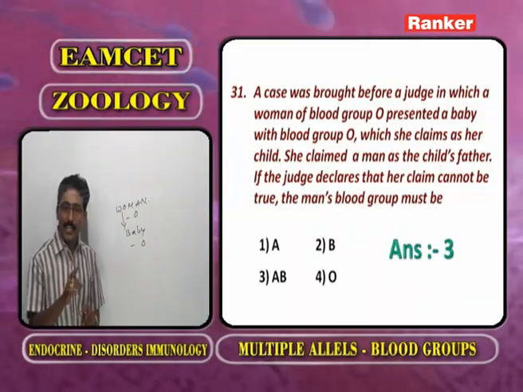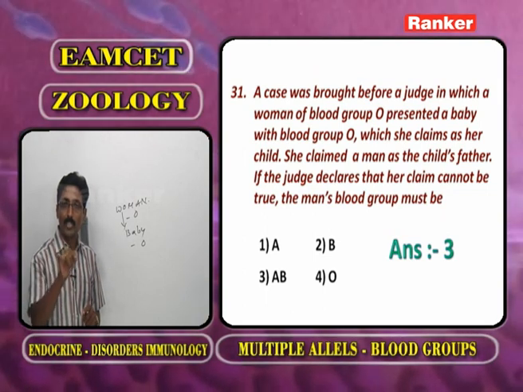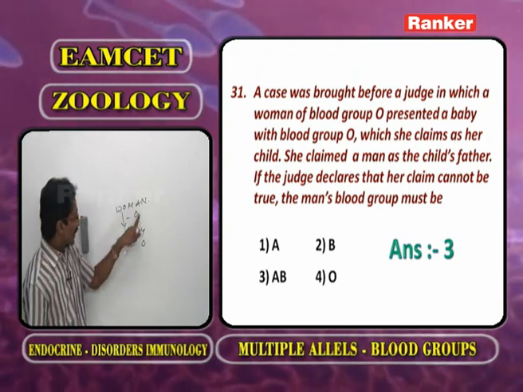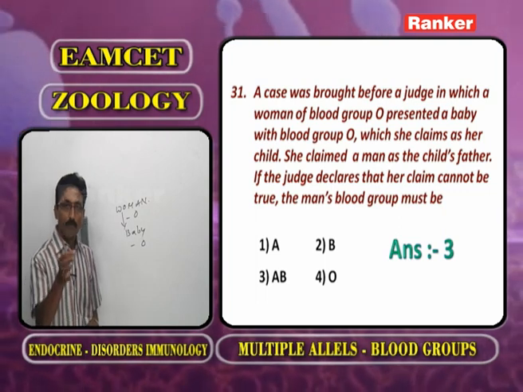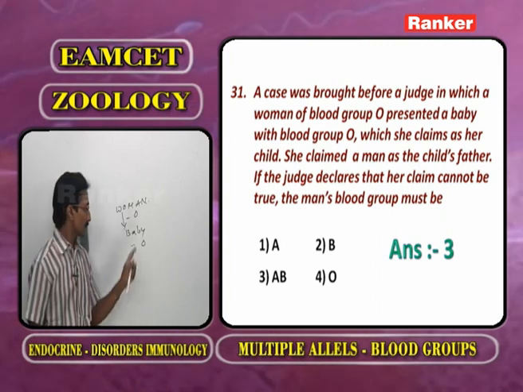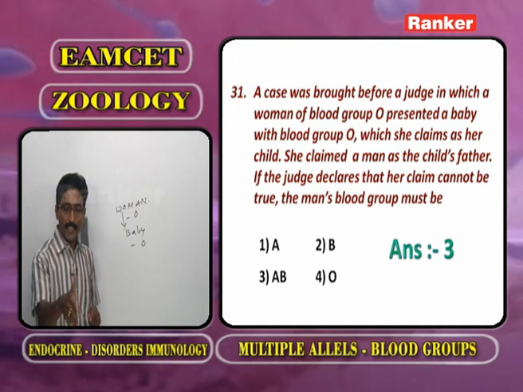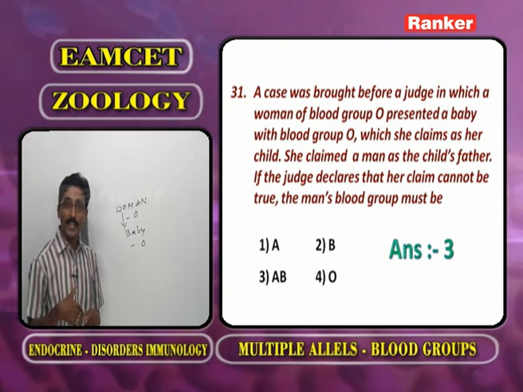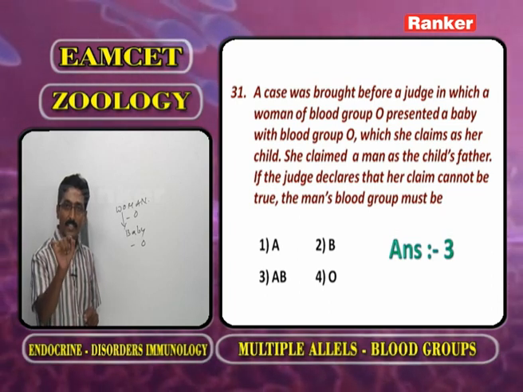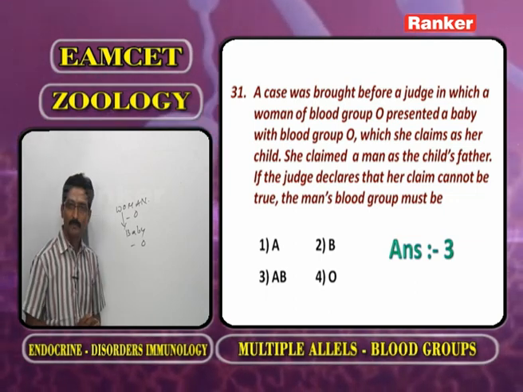If the judge declares that her claim cannot be true, again repeating, a woman, her blood group is O. She brought a baby before a judge and she is telling, the baby is mine, my blood group is O and the baby's blood group is O, and also she is telling a man is the father of this baby.